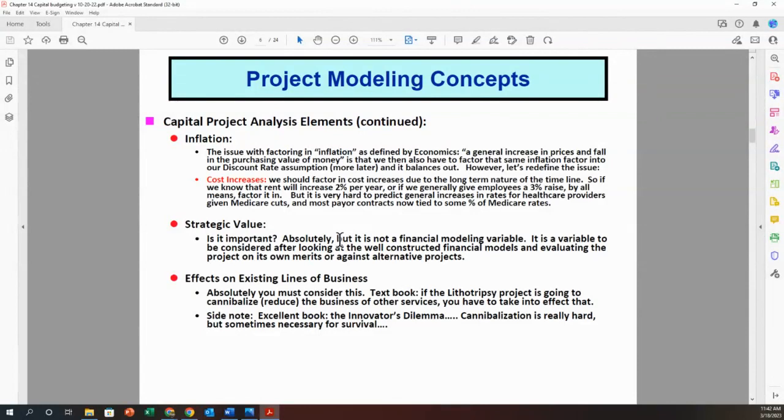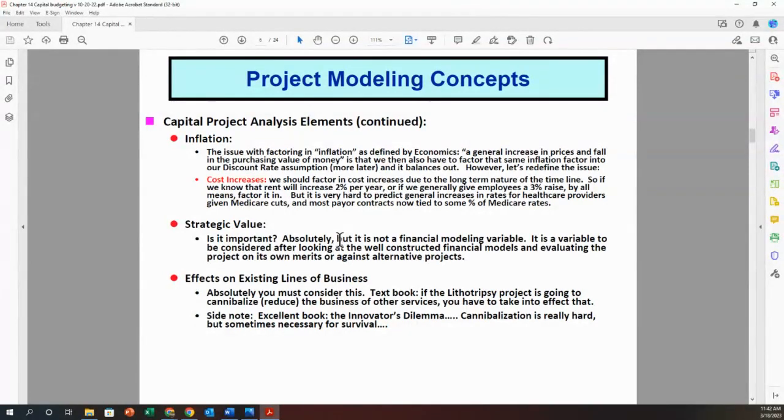But the point really is, if we're going out 5, even 10 years, we've got to factor in, okay, employees are going to want raises, rent's going to increase 2% a year, can we count on Medicare increases? So you have to factor that in the longer your time horizon. Strategic value, absolutely.